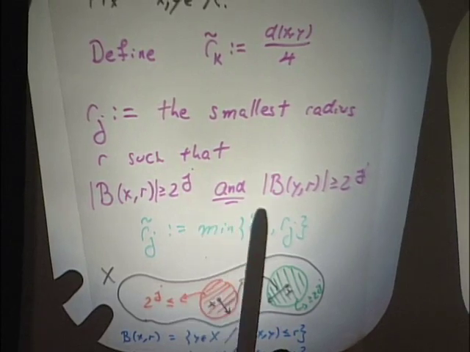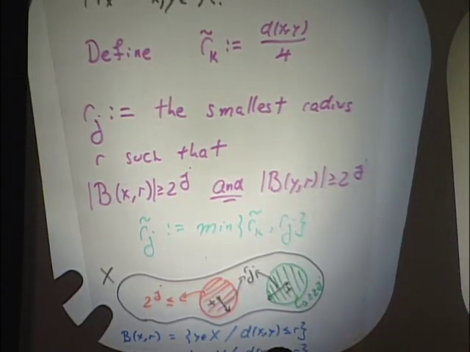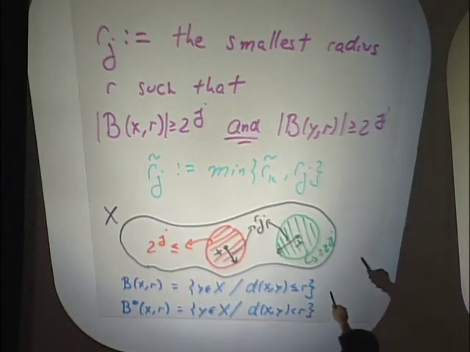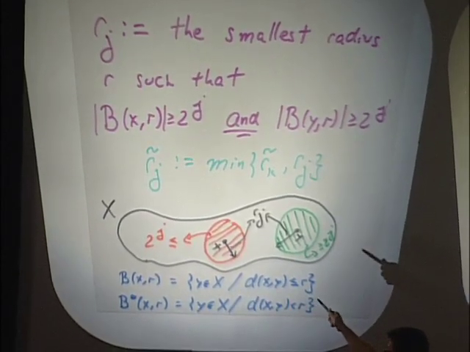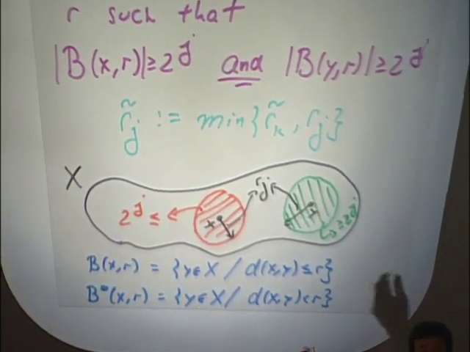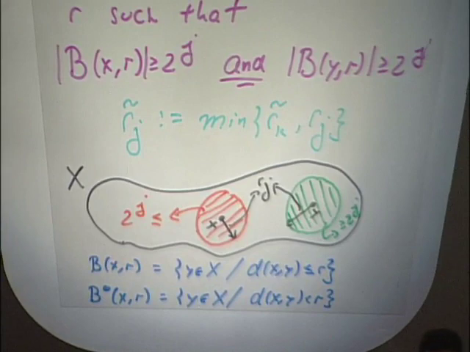And at the same time, in the ball around y of radius r, there are at least 2 to the j points. So here, this is x and this is y. Rj is the smallest r such that in the orange ball and in the green ball, which have the same radii, you see at least 2 to the j points in your metric space. So I grow a ball until I see enough points there.